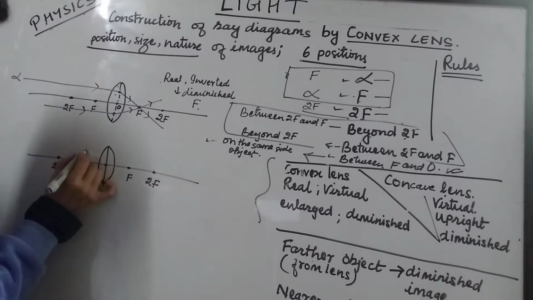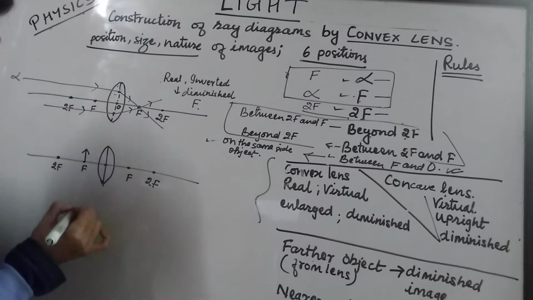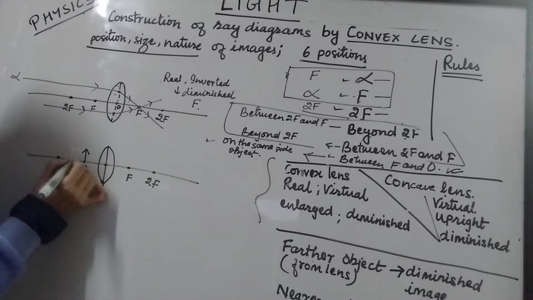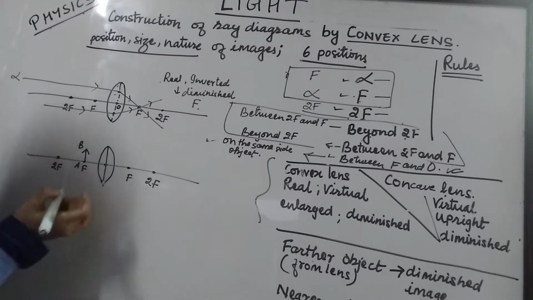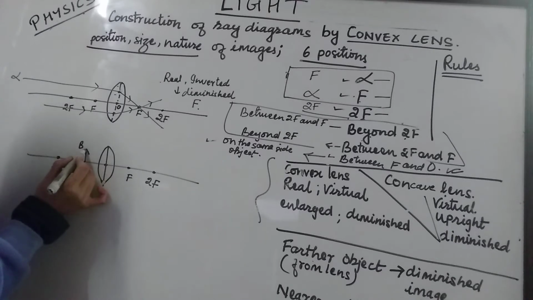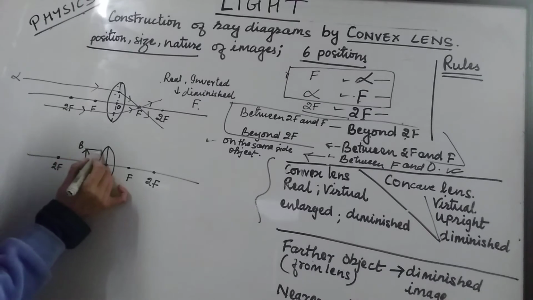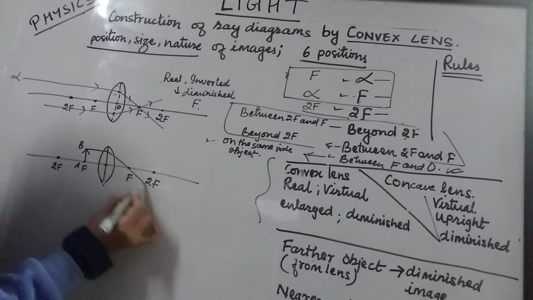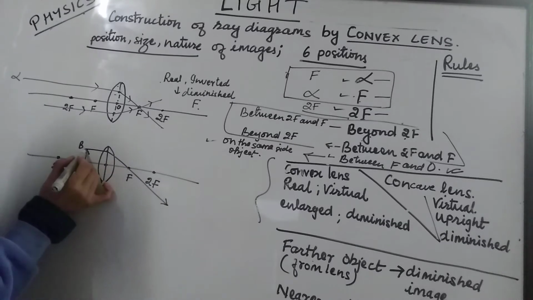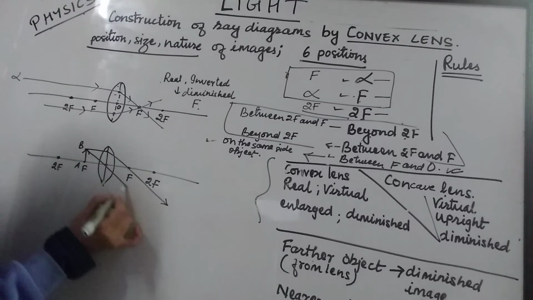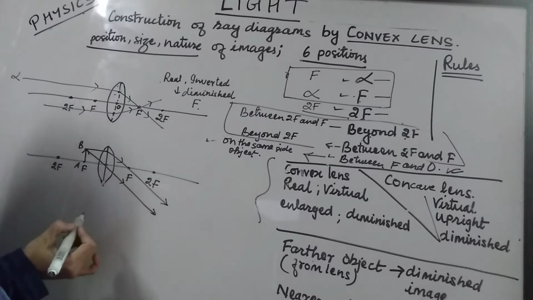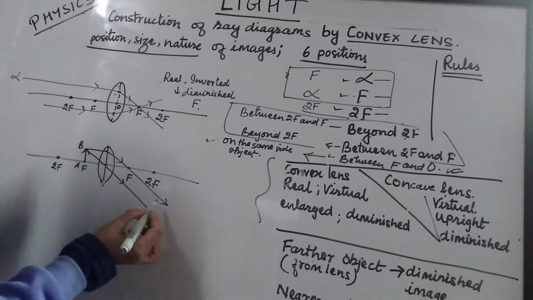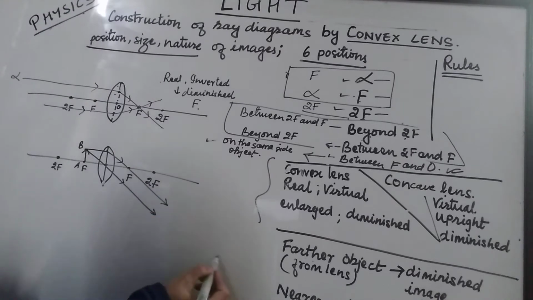Now let the object be at F. You have to give names to it. This is A, this is B. Now you have to consider 2 light rays coming out from this point: one parallel to the principal axis, bending and going through the focus, and another passing through the optical center. In this case the light rays will be traveling to infinity distance.